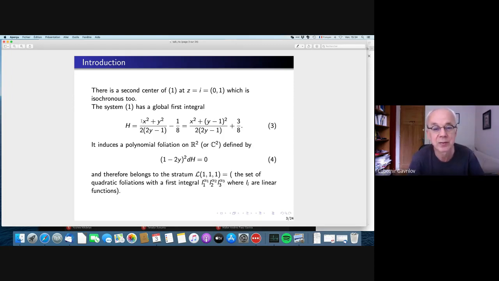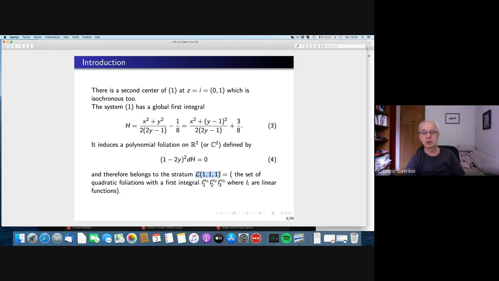So it's a rational function, and of course, all this induces a complex foliation. In fact, a fibration, because we have a first integral, which is a rational function. According to the classification of known polynomial foliations with first integral, this falls into the case L111.